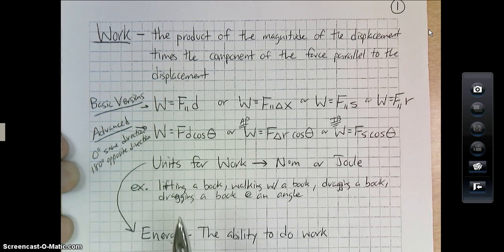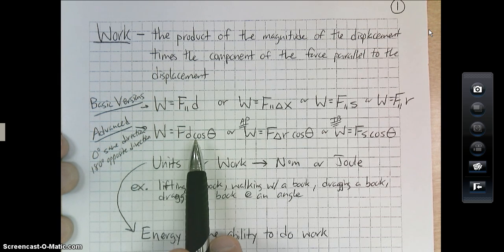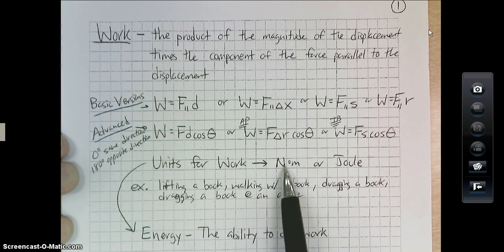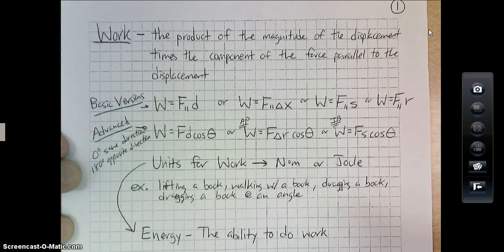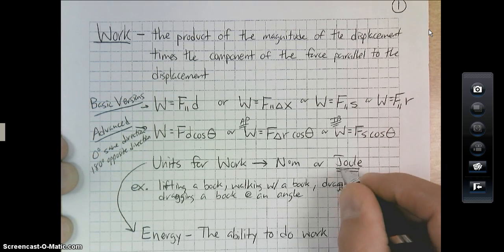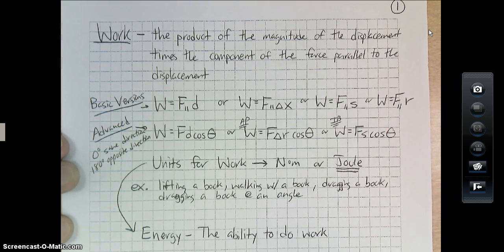Okay? So right here, there are units for work. If you multiply a force times a displacement, forces in newtons, distances in meters. However, there's a different name for that called a joule, which you've most likely heard in your life. So units for work are joules.